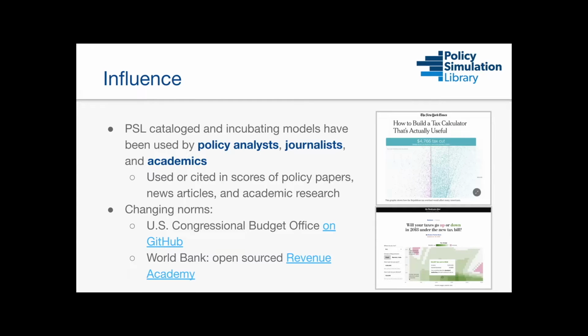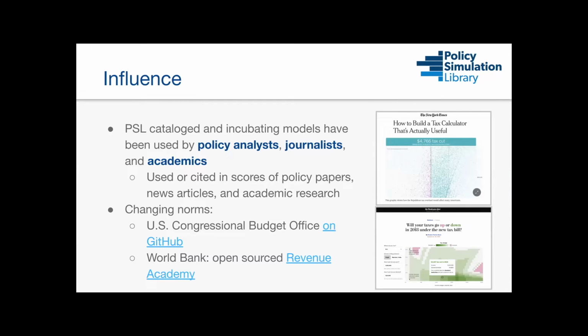So the tools here, because they're open source, those journalists could take them and use them to build something on top of that. In this case, interactive web applications embedded in these newspapers' websites. So really an advantage of having those policy models be open source, you can relate that to many different audiences, whether they be academic or just the lay reader of the New York Times.